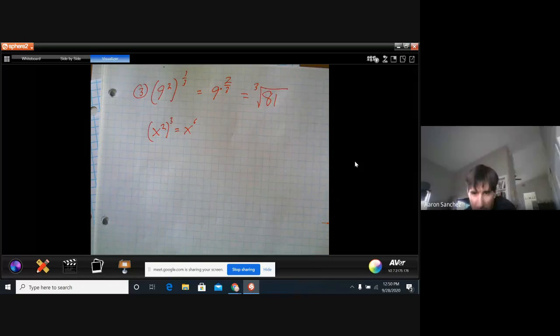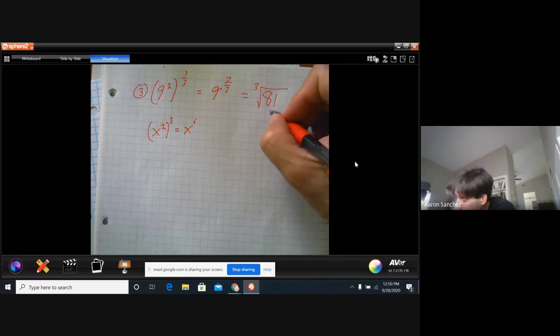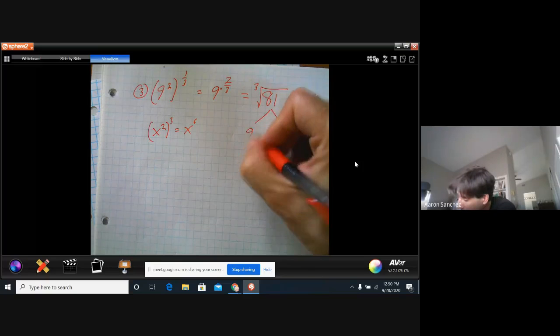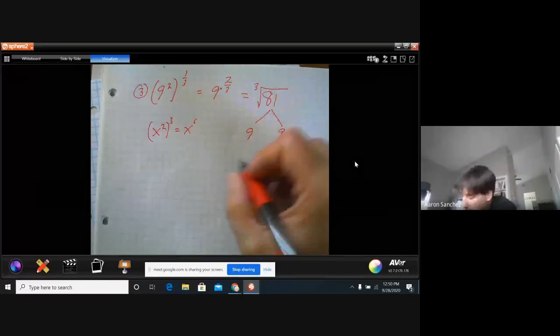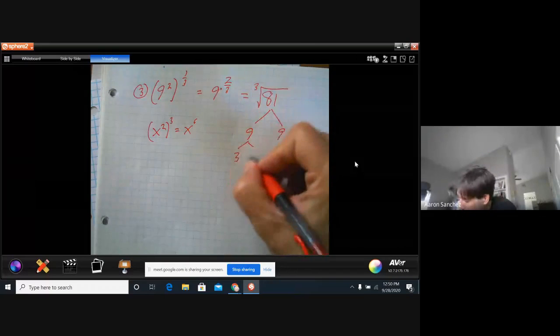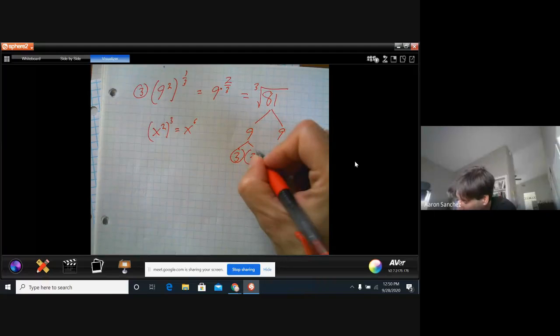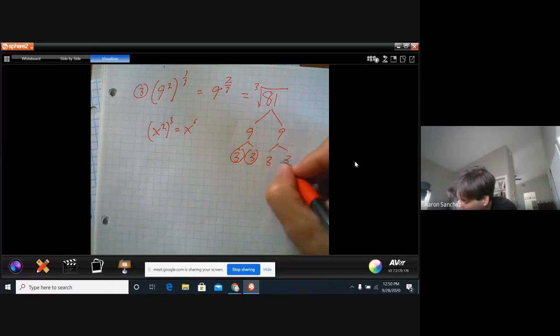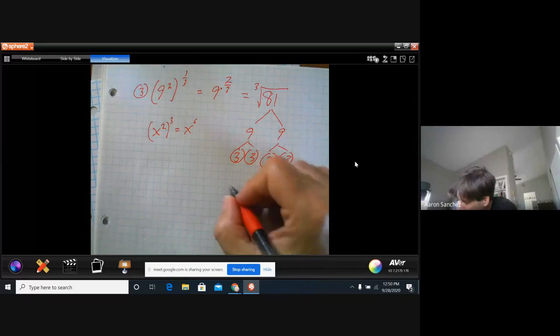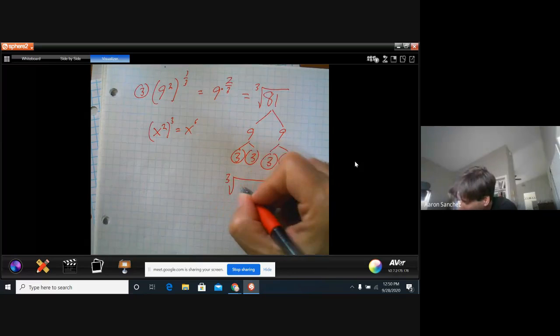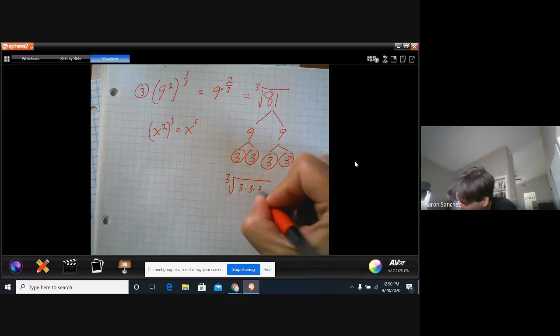So I need to find something I multiply by itself 3 times and get 81. It's not 3, but we can take the prime factors. 81 is 9 and 9, and 9 is 3 and 3. So 81 is 3 times 3 times 3 times 3.